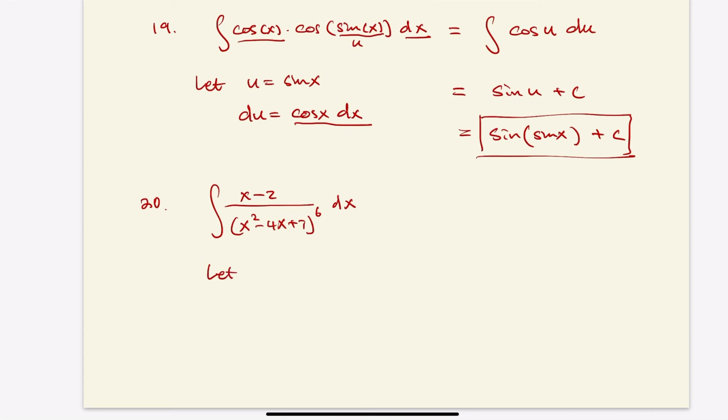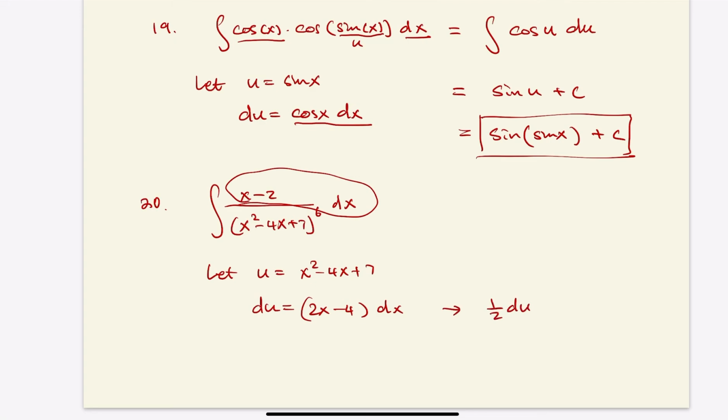So let u equal the inside of the parentheses in the denominator, x squared minus 4x plus 7. When you take a derivative, du equals 2x minus 4 dx. And I notice x minus 2 dx is on the top here. So you can change it into 1/2 du equals x minus 2 dx.